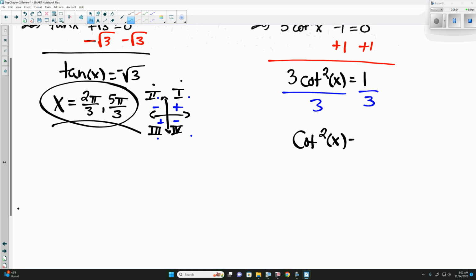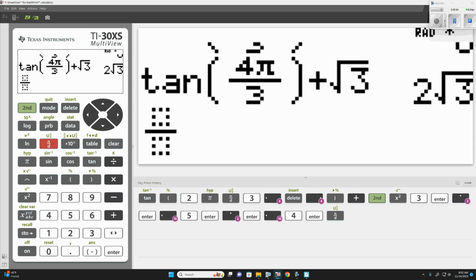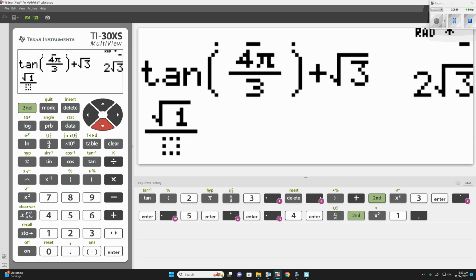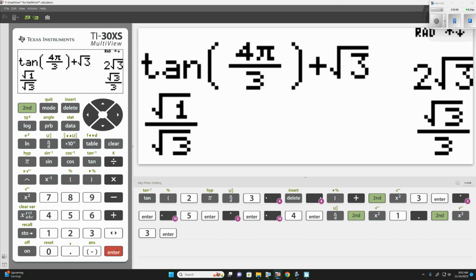Telling us cotangent squared of x is equal to 1/3. At this point, we can take the square root of both sides, telling us cotangent of x is equal to plus or minus square root of 1/3. We can plug this into the calculator, but to do that, we do need to break the radical up into the square root of 1 over the square root of 3, which does give us the square root of 3 over 3.